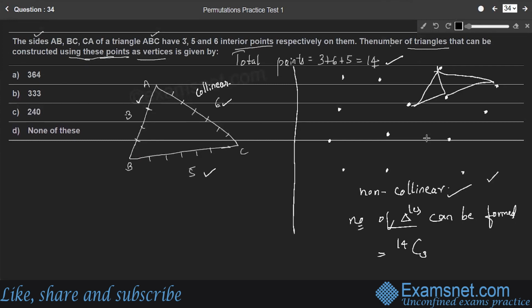Because if you consider the first 3 points on AB, of course, there are 3 points, but you cannot form a triangle here, right?